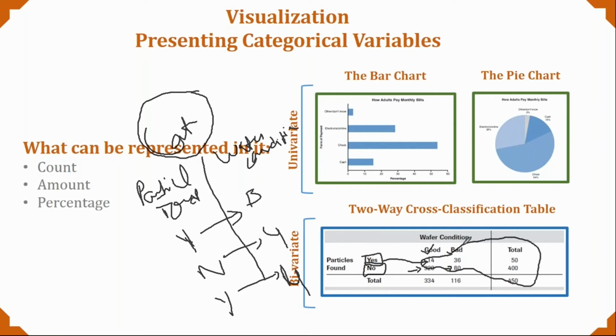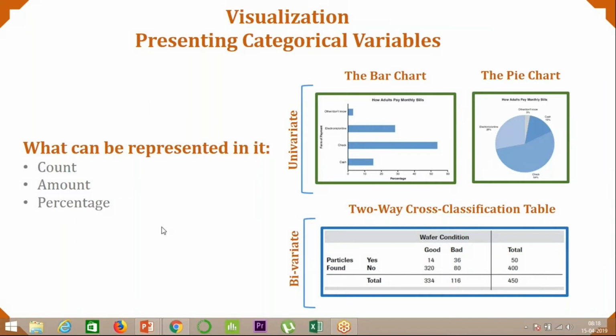This is how your two-way cross table works, and this is how you need to represent your data. There are many other tables or representation tables as well. Initially, I definitely recommend you guys to work on these three charts if you're working on categorical data.